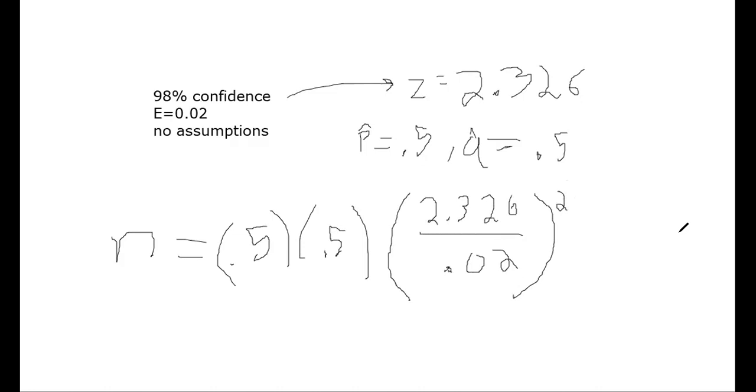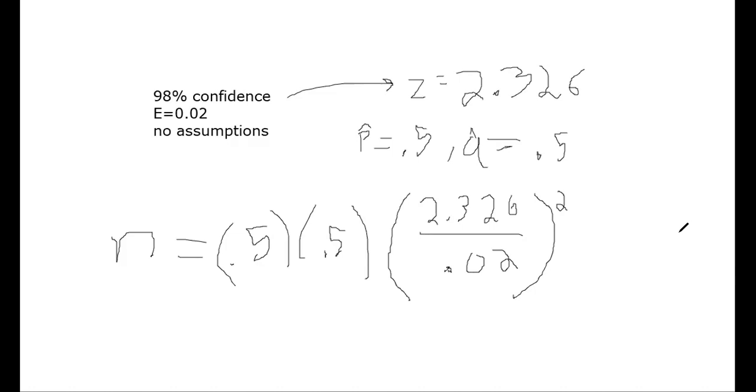If we calculate that out, 2.326 over 0.02 gives you 116.3. If you square that, you're going to get 13,525.69. I'm not writing this out because I don't do particularly well writing on these whiteboards. But anyway, 2.326 over 0.02 squared gives 13,525.69.